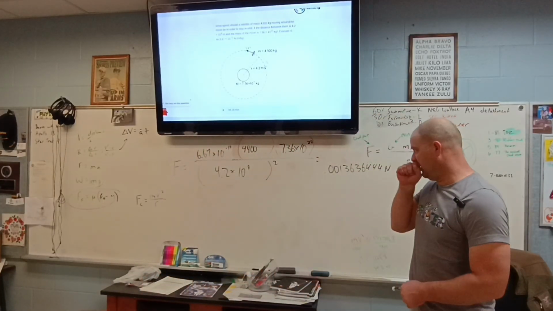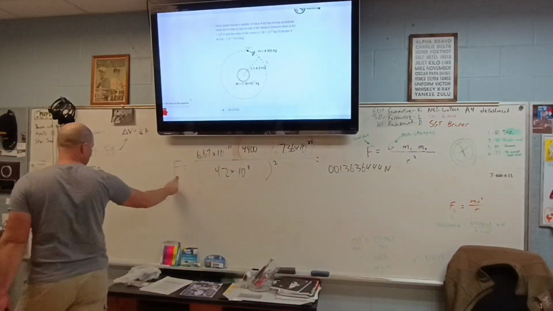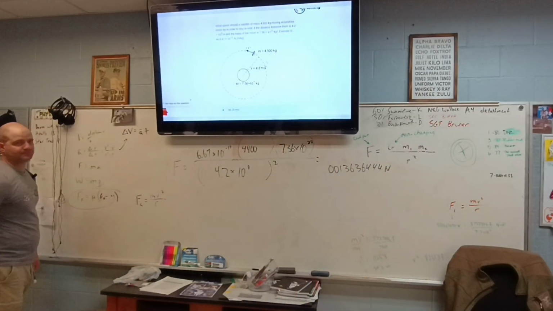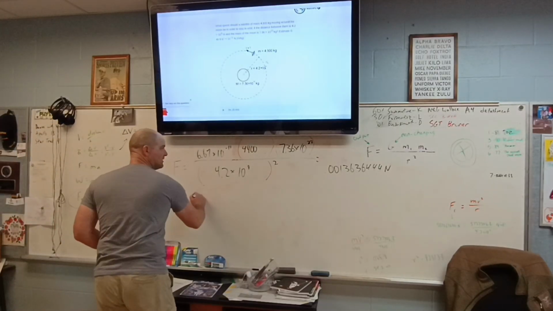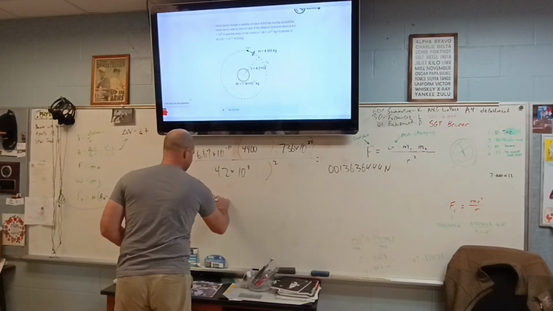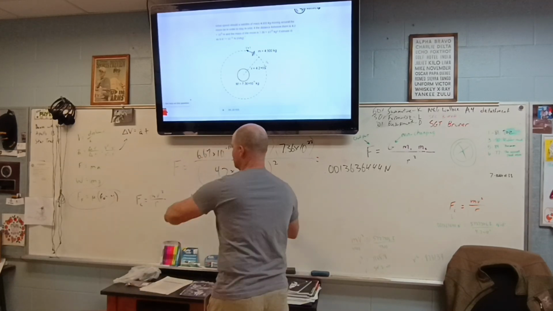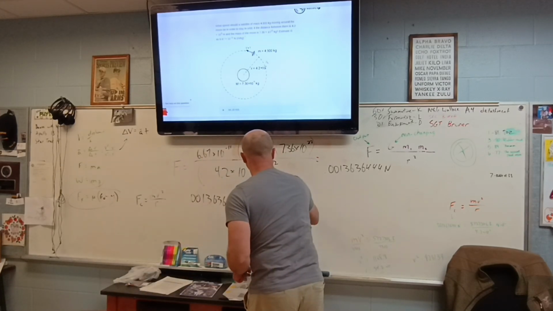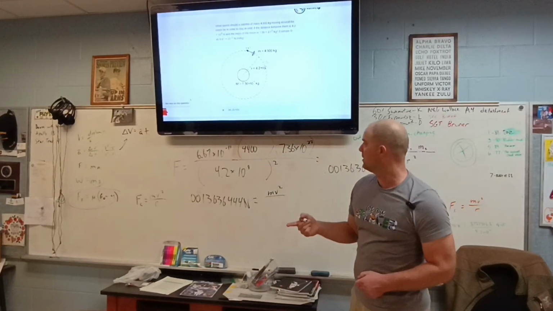All right. Now, if we have this for that, it also is this value. Let's set it equal to it. So we have 0.013636444 newtons is equal to mv squared divided by r. Well, we know r.